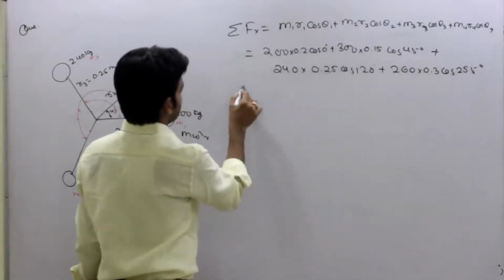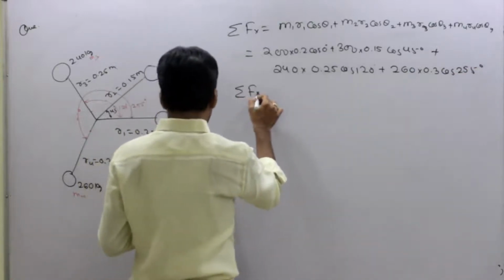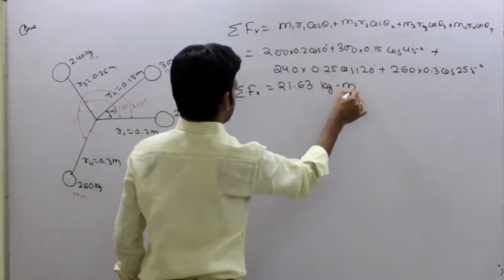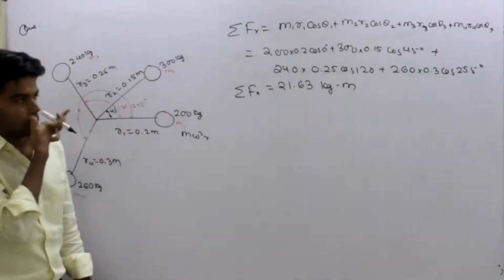So from here the summation of Fx will be equal to 21.63 kg meter. On solving we will get this value.